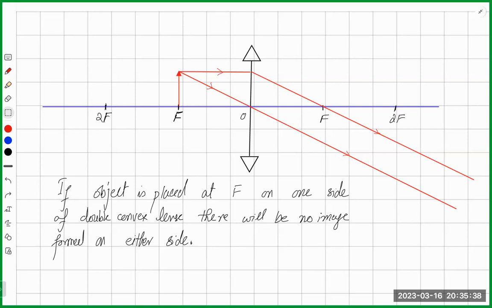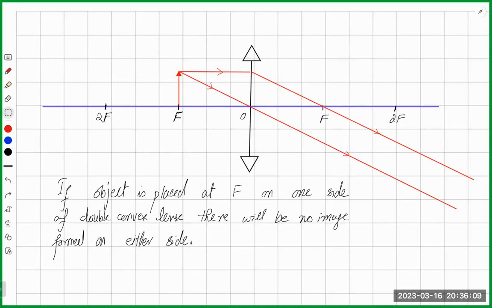When lines are parallel, they will never meet or intersect. So if they don't intersect, they don't form an image, and we don't see an image. So if the object is placed at F, no image is formed.